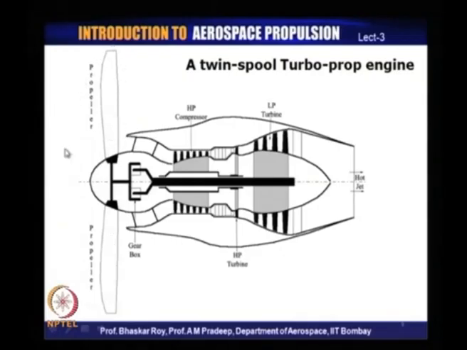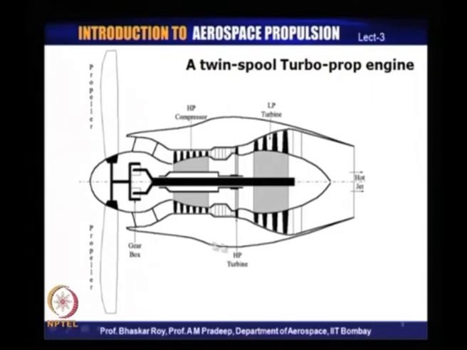Propellers have been flying aircraft for the last more than 100 years, 107 years to be exact as of today, and as a result they are useful devices, and as we have seen from the propulsive efficiency point of view, propellers are indeed the more efficient propulsive device within a certain flight Mach number. And as a result the propellers continue to be used in low flight Mach number aircraft.